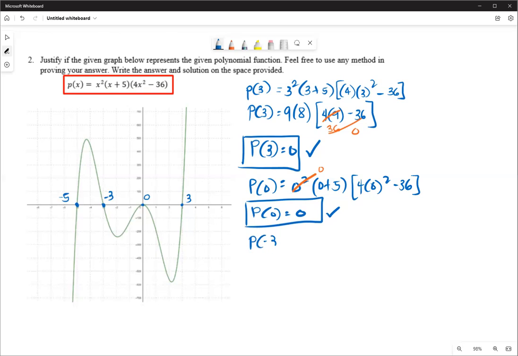So we have p of -3 is equal to (-3) squared times (-3 plus 5) times (4 times (-3) squared minus 36). By solving this, (-3) squared is 9, 9 times 4 is 36, and 36 minus 36 is equal to 0.